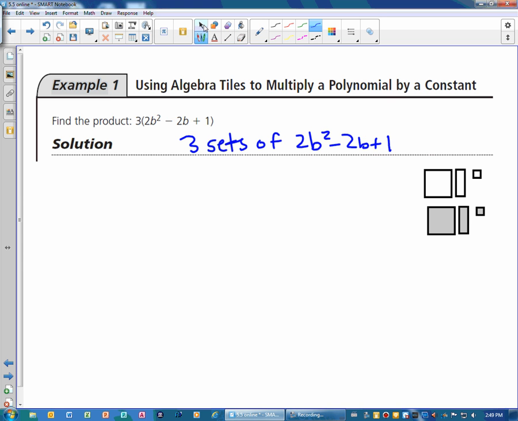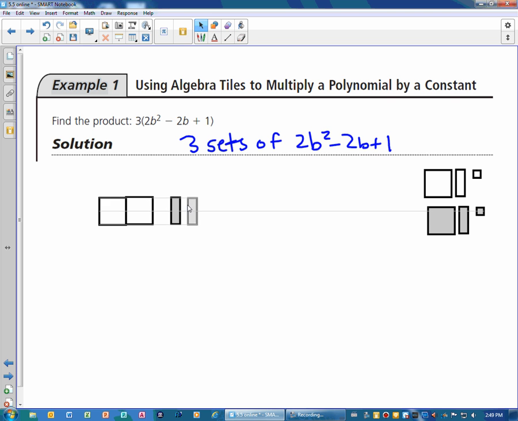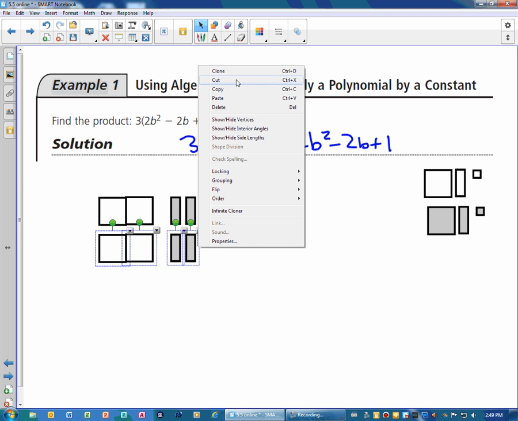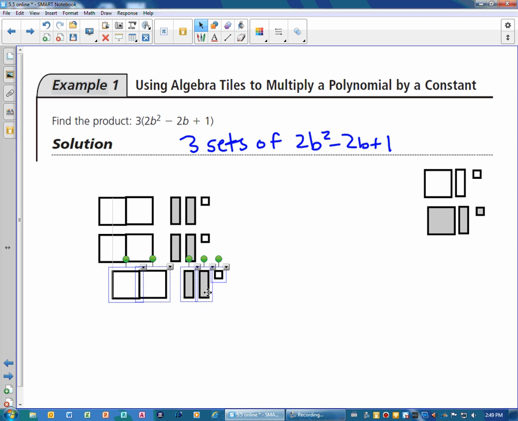So let's figure out a set of 2b squared. There's 2b squared. Minus 2b will look like this. Plus 1. Okay. So there's a 2b squared minus 2b plus 1. And I need 3 sets of them. There's 2 sets of them. There's 3 sets of them.